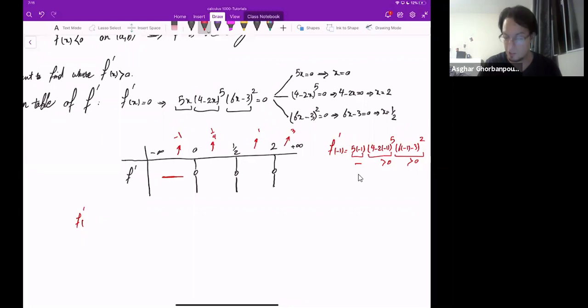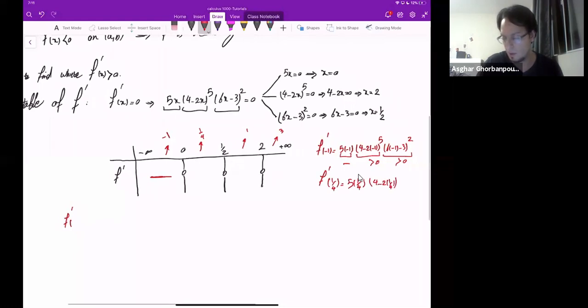How about f prime at 1 over 4? You just evaluate again. This part is positive, and then 4 minus 2 times 1 over 4 is also positive, and then 6 times 1 over 4 minus 3, to the power 2, is always positive. Positive, positive, positive. Everything is positive.